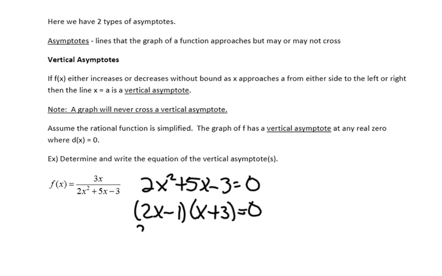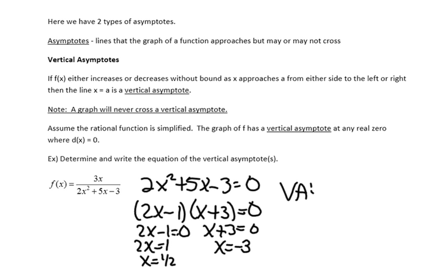Set each equal to 0. Okay. So I'm going to write VA for vertical asymptotes is x equal to 1/2 and x equal to -3.